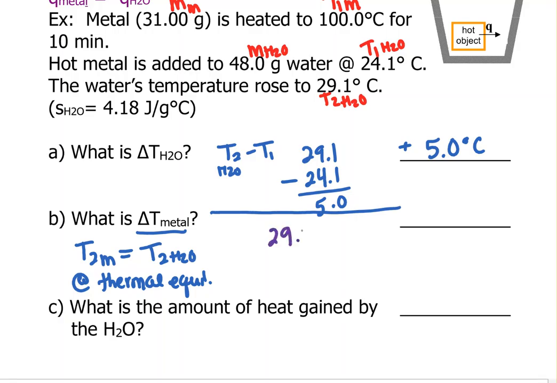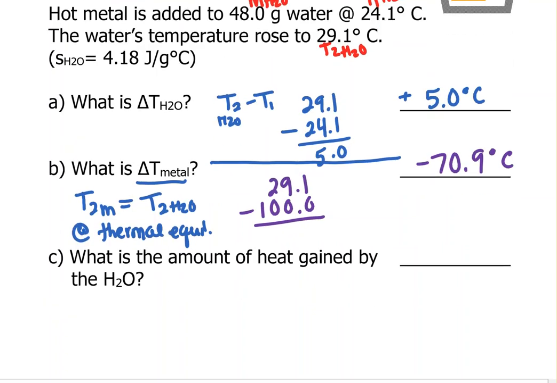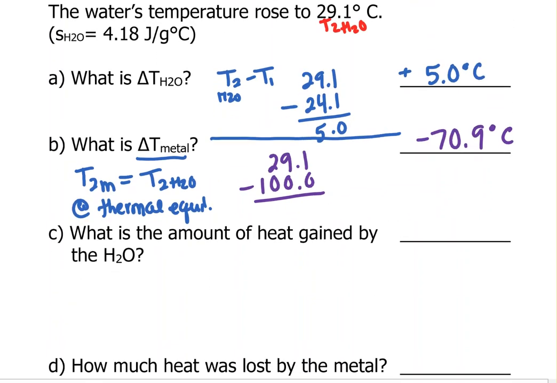So a weird way to write it, but watching my sig figs, remember when you're adding and subtracting, you look at how far they go to the right, and that's why I did my sig figs that way. Okay, the heat gained by the water. So for the water, the relationship between heat and temperature change.